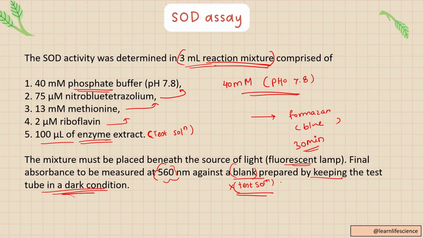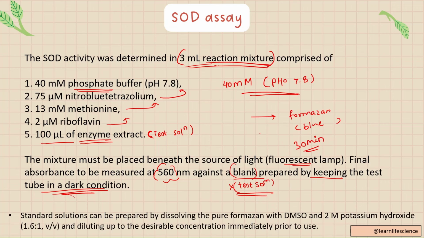Now, if you want to compare your test solution results with the standard, if you want to calculate the concentration, for example, here you can see that formazan is produced and you want to calculate its concentration, right? So you can calculate it by comparing it with the standard.